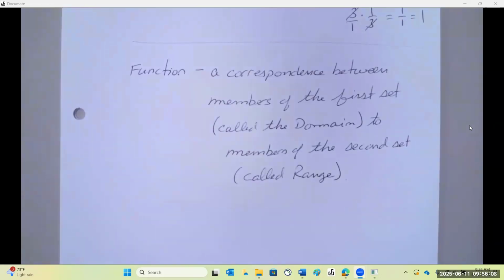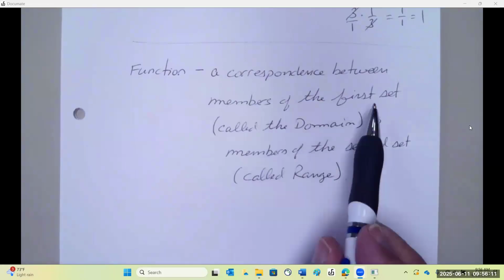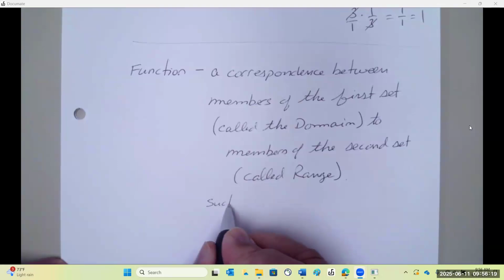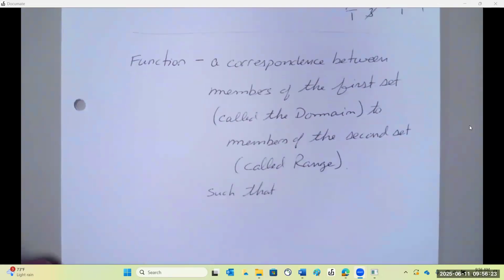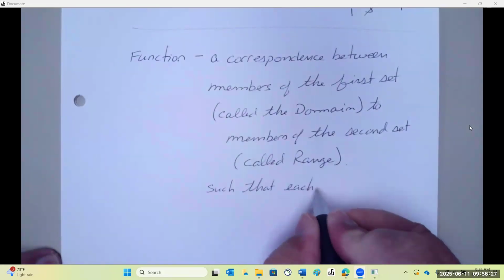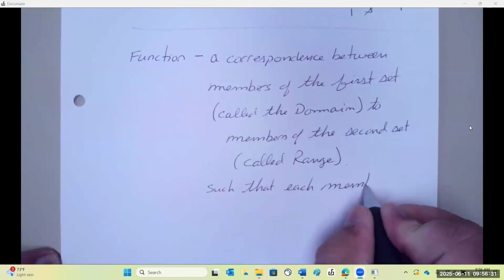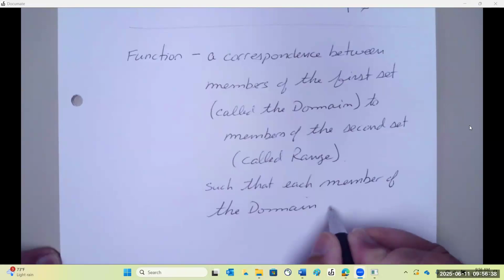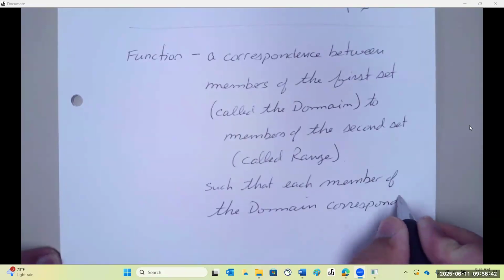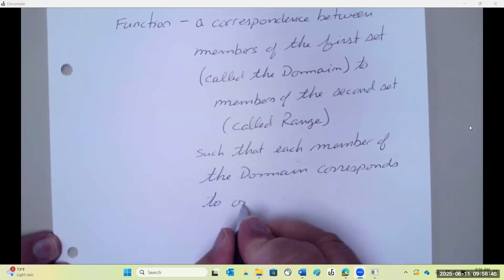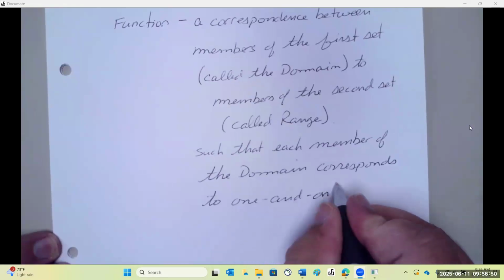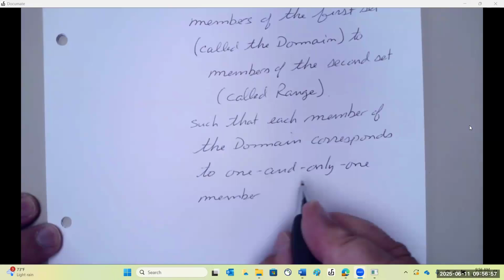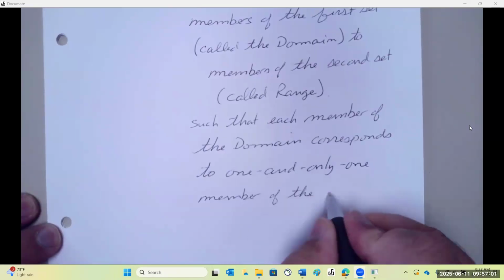But it's a little bit more strict than that. A correspondence between members of the first set called the domain to members of the second set called the range, such that each member of the domain corresponds to one and only one member of the range.